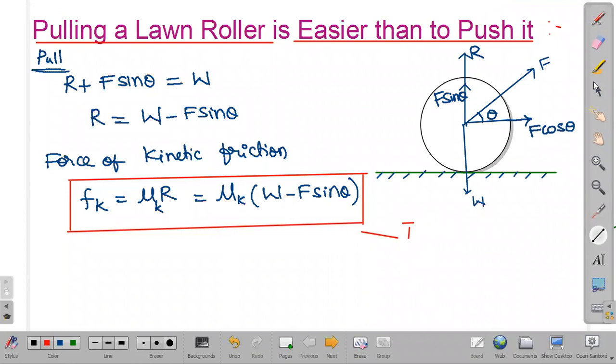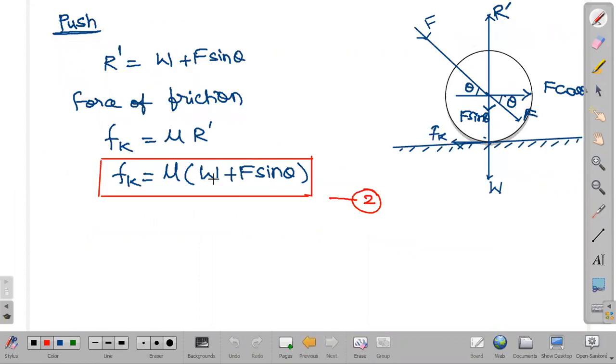Now, what is the difference if we observe? Between these two, in equation 1, mu k into weight, we are subtracting the F sine theta component from the weight, right? Whereas in equation 2, I am taking the same weight, but the F sine theta component is added here.